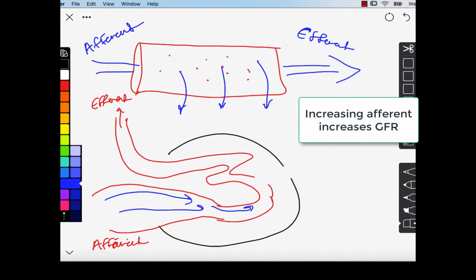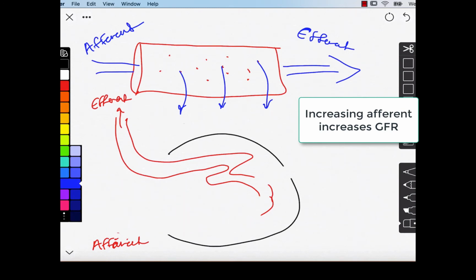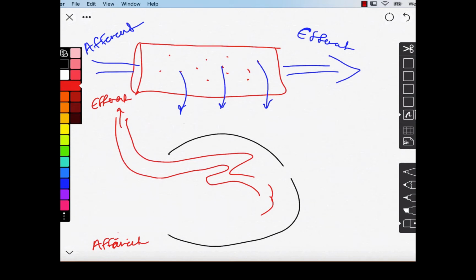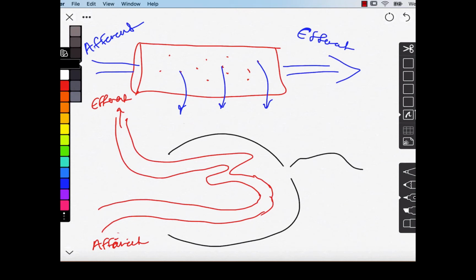If we go ahead and now go back to our normal glomerulus. All right, I'm going to actually add on the next part of the tube.